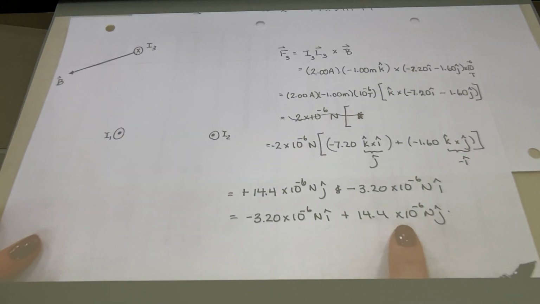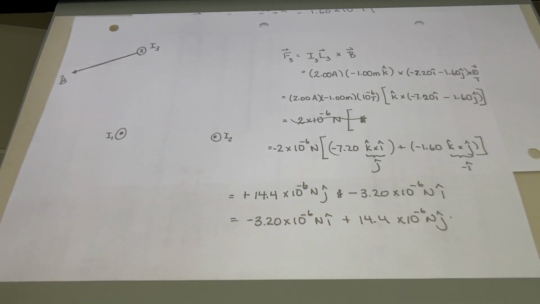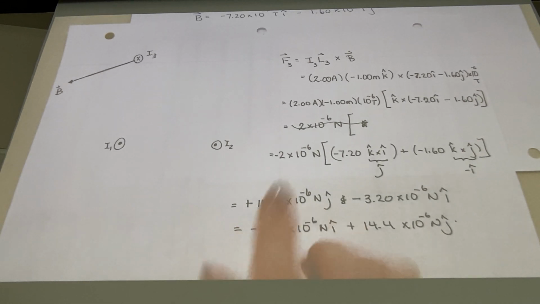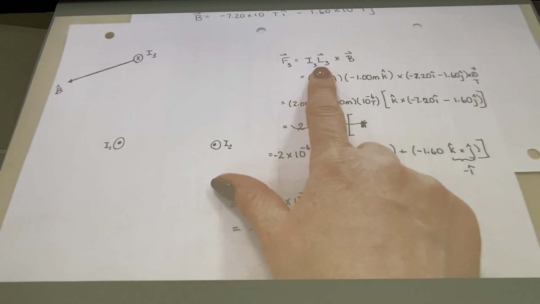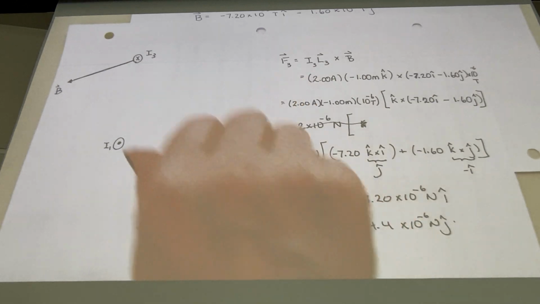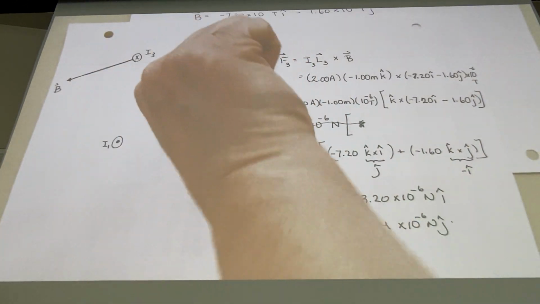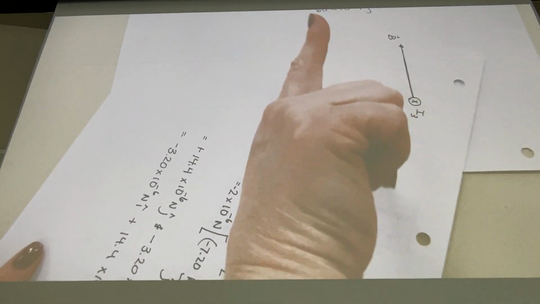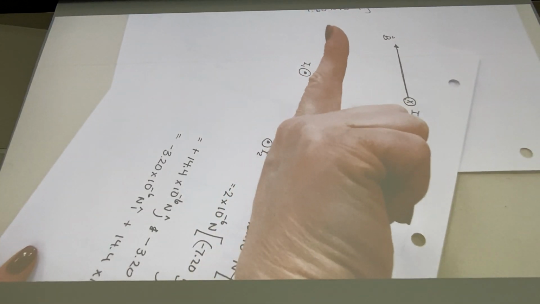If you were thinking about just double checking, did that direction make sense? Because it says it points to the left, negative I, and up, positive J. So our right-hand rule, F is I, L cross B. So your L is into the page, that's your thumb. You're crossing it with your magnetic field. That's hard on my hands, I'm going to twist my paper. So I is into the page, B is this way.